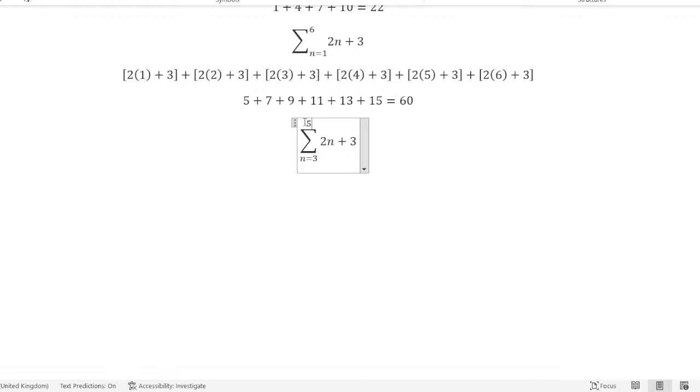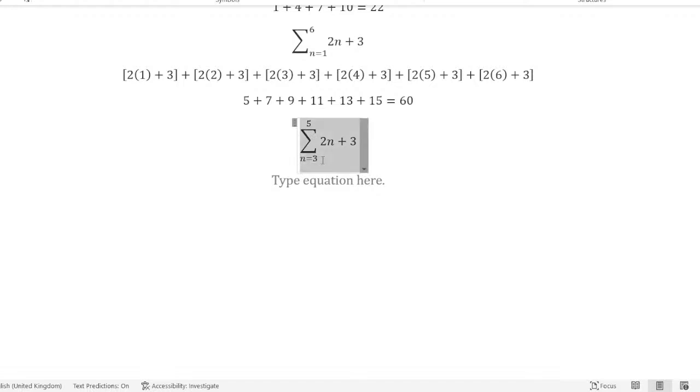All right, time's up. So here, remember, as I've told you before, the number on top of the sigma notation, that is 5, is going to be the last number to be substituted.